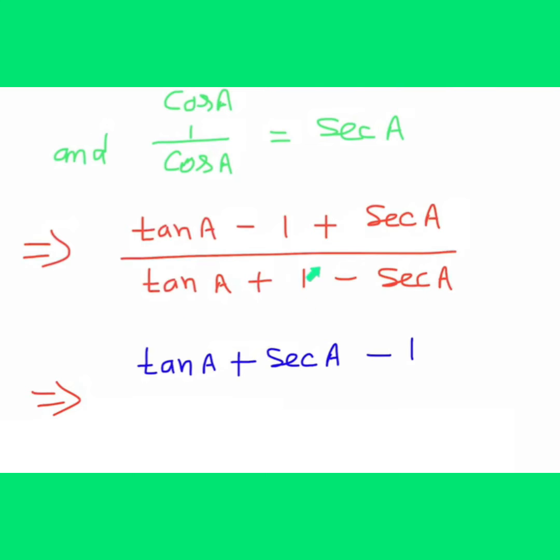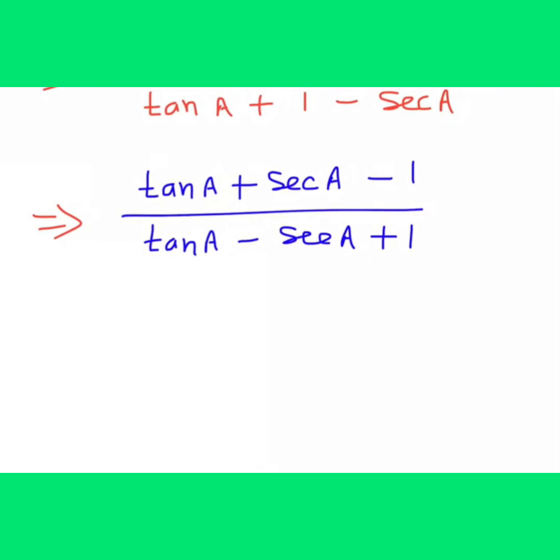Okay. And in the same way you will arrange this denominator also. So tan A minus sec A and plus 1. So it will be tan A minus sec A and plus 1. Okay dear, you will get this step just like that.